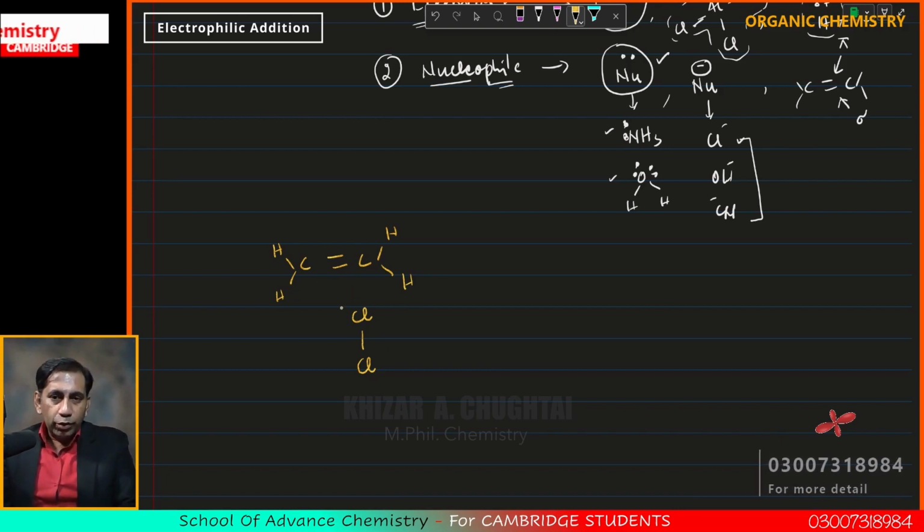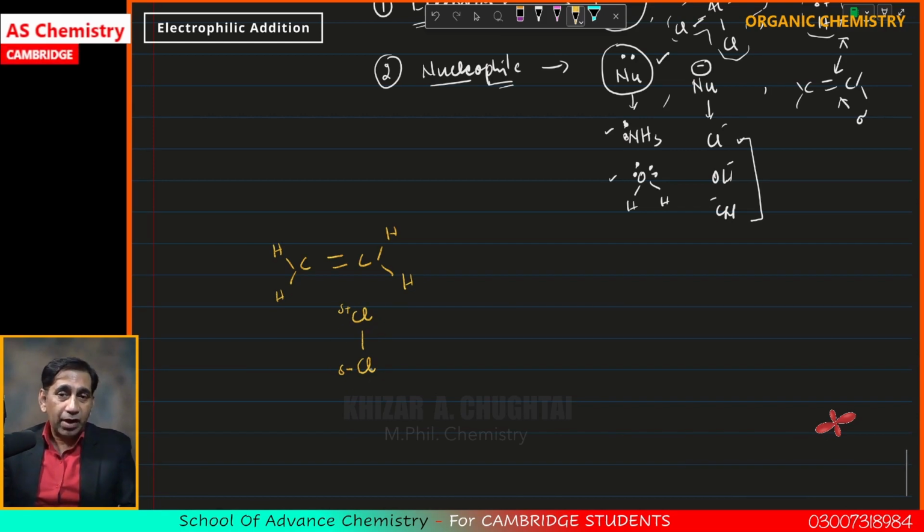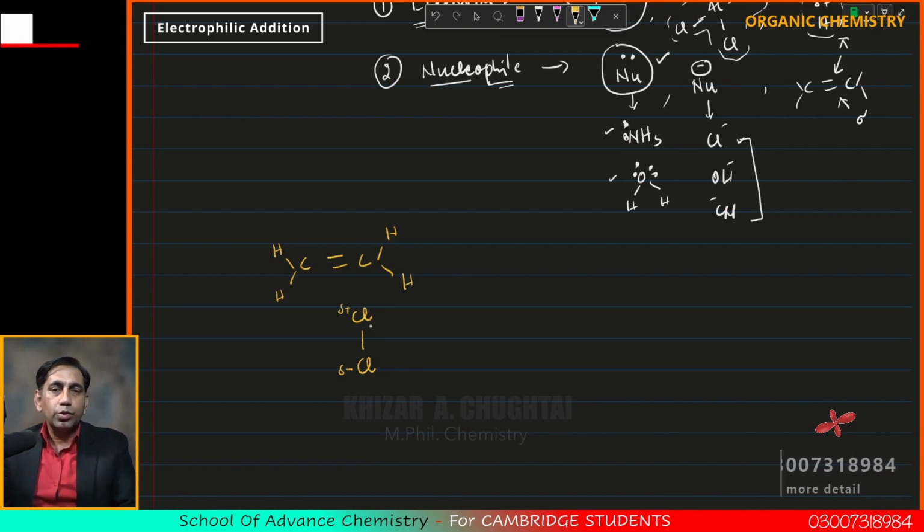So I am going to write partial positive charge on this Cl and partial negative charge on this Cl. Why are they getting partial positive and partial negative charge in spite of both Cl having the same electronegativity? The reason is the proximity effect. This carbon-carbon double bond is basically going to create polarization in the Cl-Cl bond.